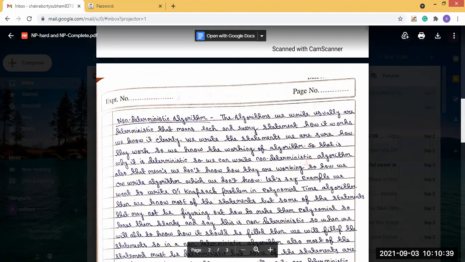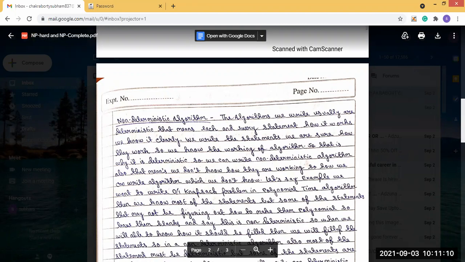Whenever we do that, some deterministic statements will be present, and some non-deterministic statements will also be present, because some statements may match, but some statements will be new to you.